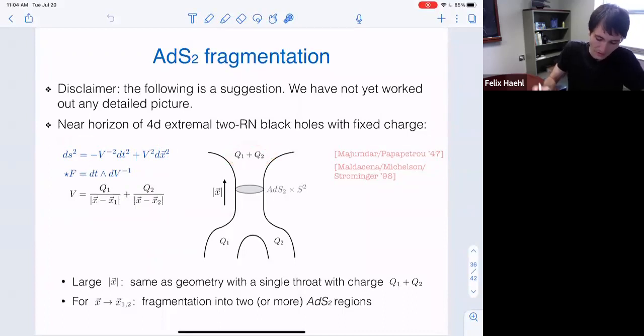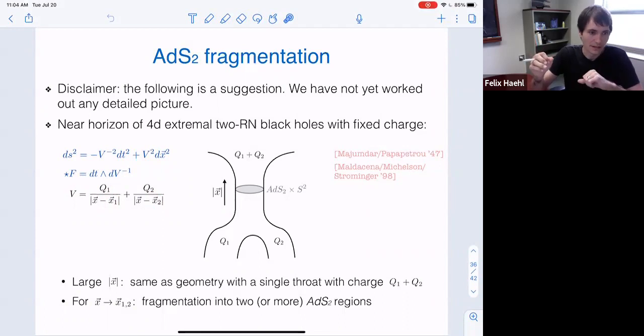But as you zoom into the geometry and go closer to these parameters x1 and x2 that characterize this potential, you discover that there are actually two AdS2 throats carrying charges Q1 and Q2 respectively. So this solution has some free parameters like these charges and these parameters x1 and x2 where the different fragmented horizons sit.